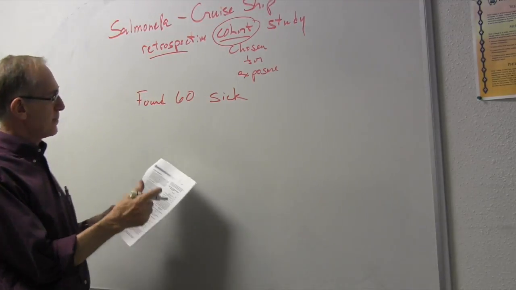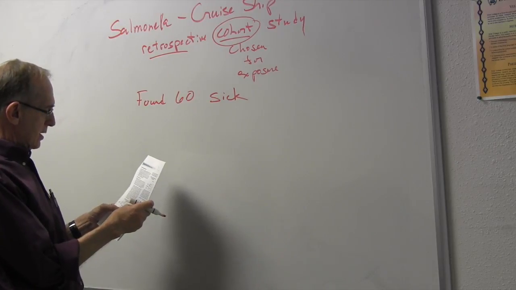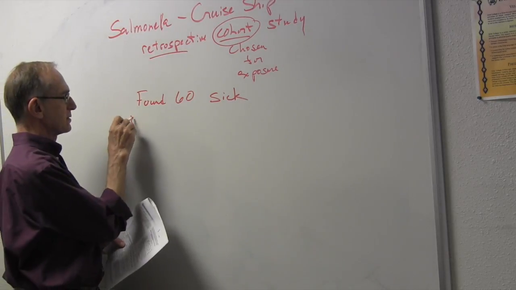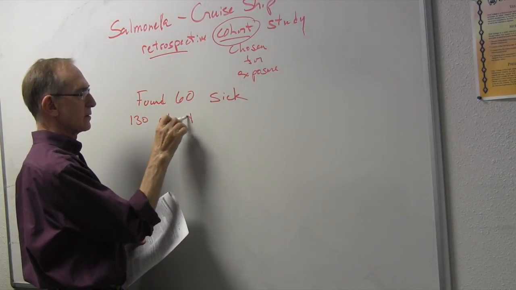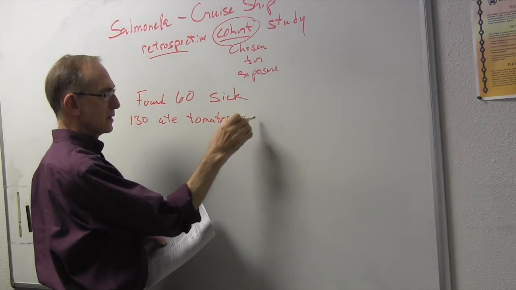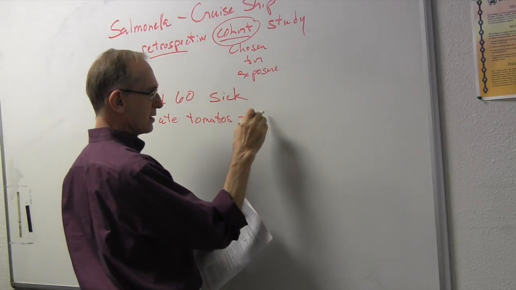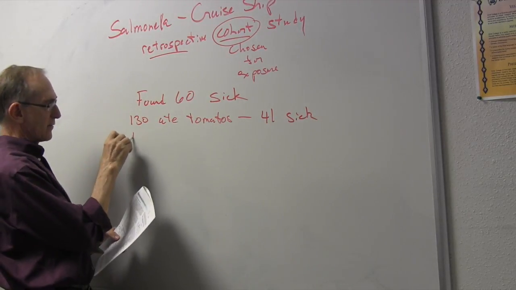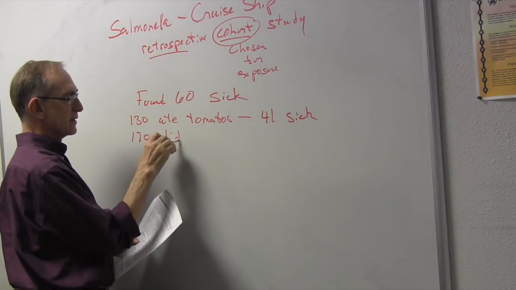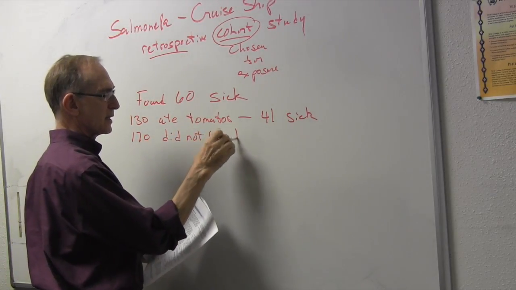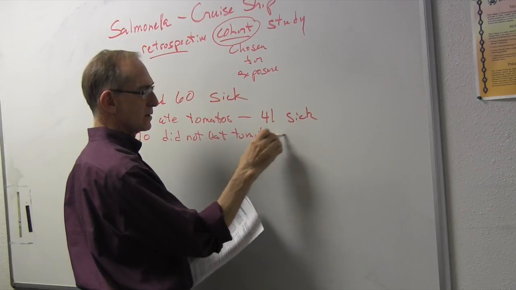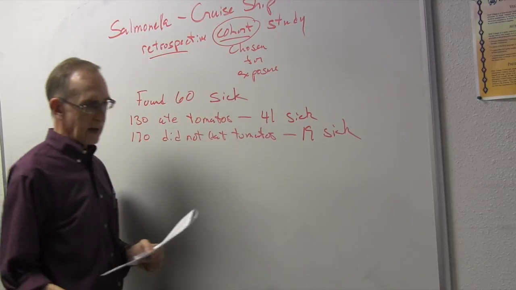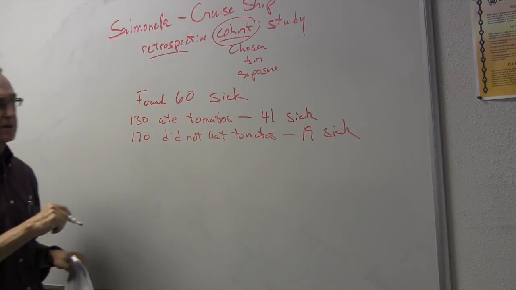They came up with 130 people ate tomatoes, and out of that 130, 41 got sick. That left 170 who did not eat the tomatoes, and out of that group, 19 got sick. So now we have all the numbers we need to make a table.